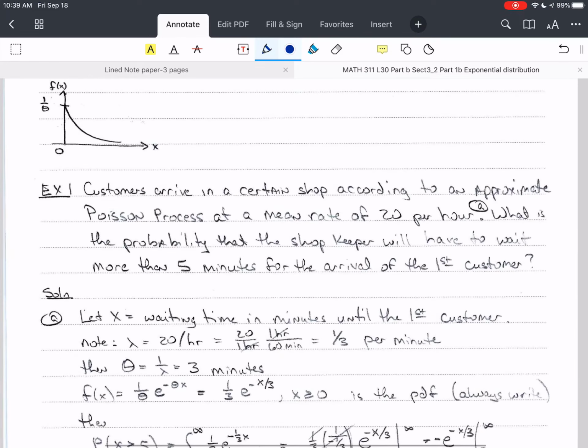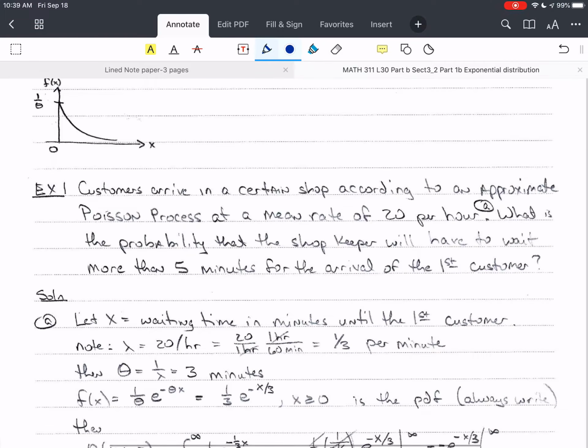So let's take an example here, and let's look at how a problem could be written. Customers arrive in a certain shop according to an approximate Poisson process at a mean rate of 20 per hour. So question A, what is the probability that the shopkeeper will have to wait more than 5 minutes, notice we're in time, for the arrival of the first customer?